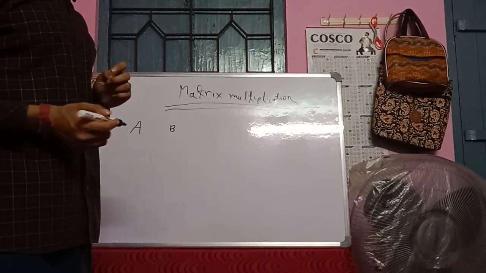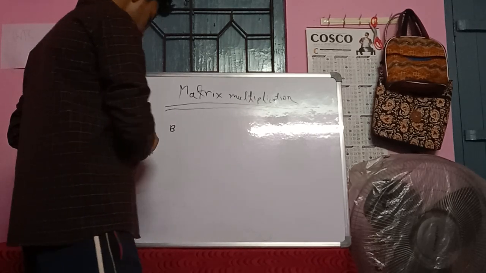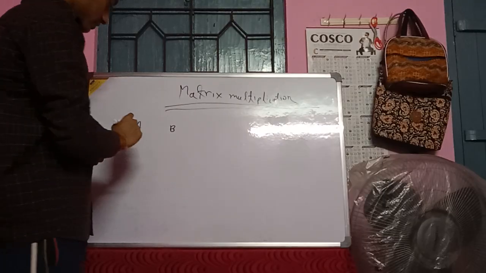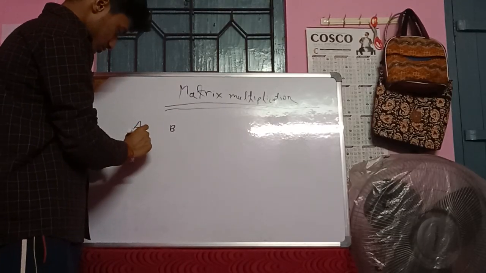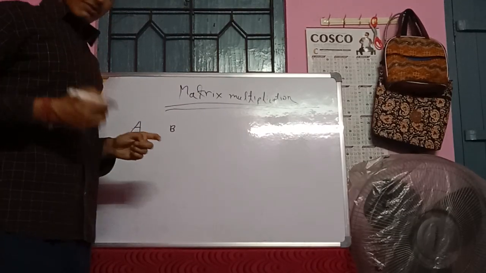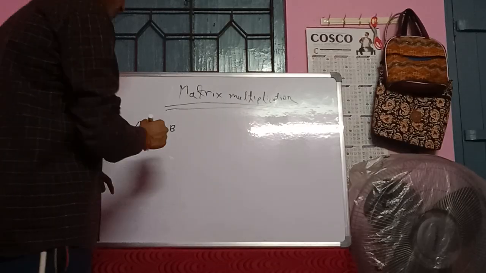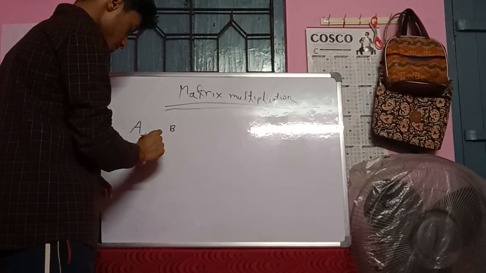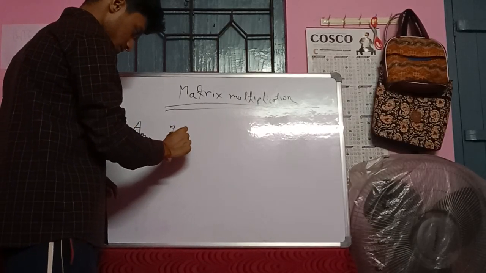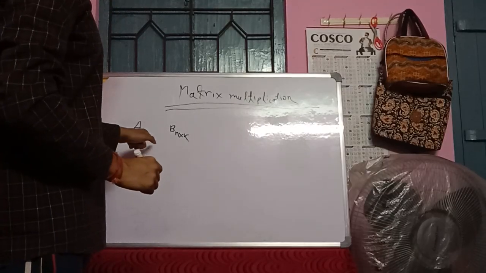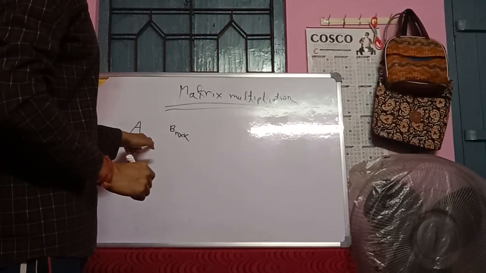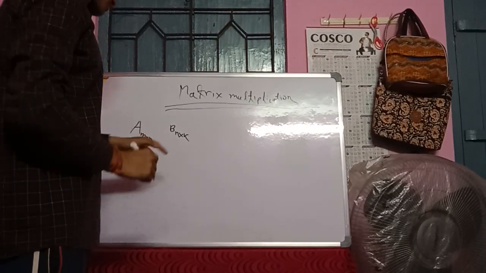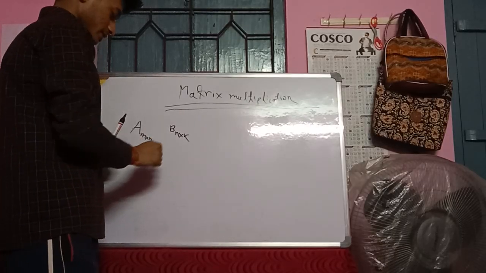At first, let me make sure of a certain fact about the order of these two matrices. That is, the number of columns of the first matrix has to be the same as the number of rows of the second matrix.